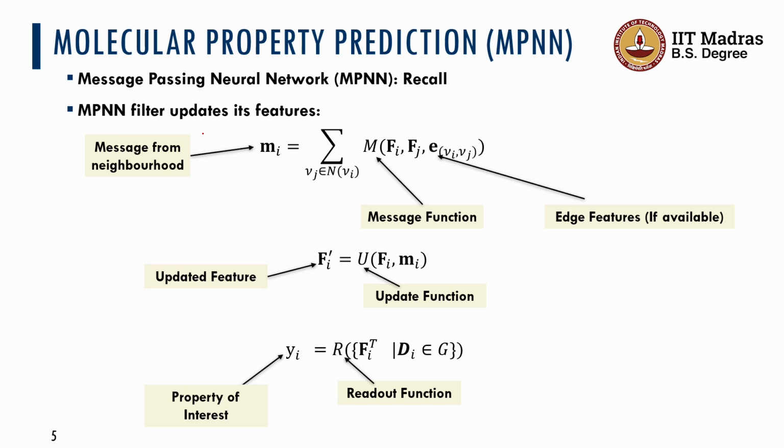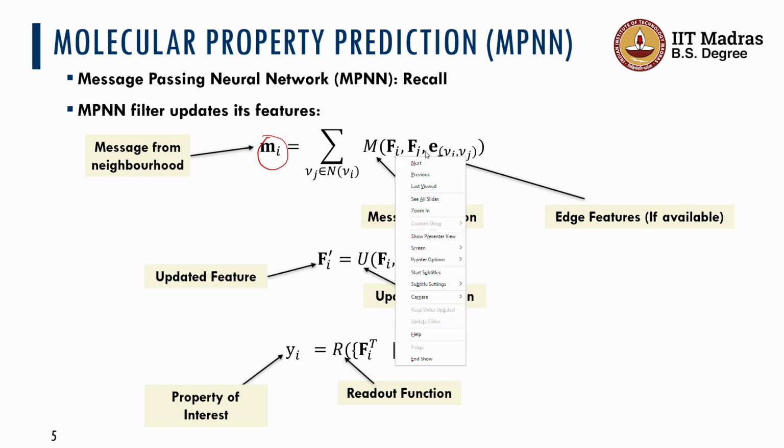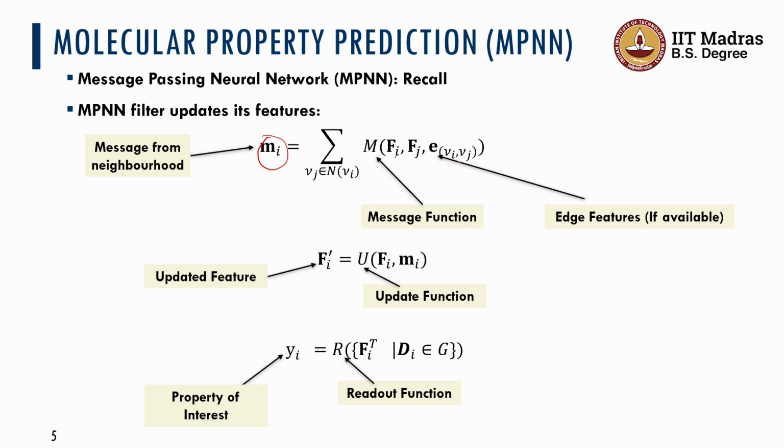Once we have that, we use a three-stage approach, where in the first two stages, a message is passed between two nodes in the graph, where the message from the neighbors for the ith node, vi, is basically a summation over all the nodes in the neighborhood of vi, of the message function, which takes the feature for the ith node, the features for all the neighbor nodes, and if we have edge features available, it will take the edge feature also as input and generate the message from the neighborhood node.